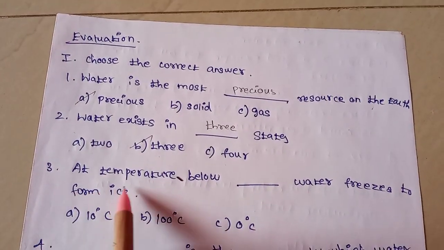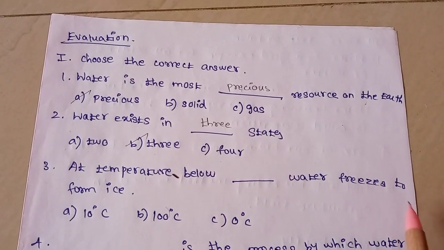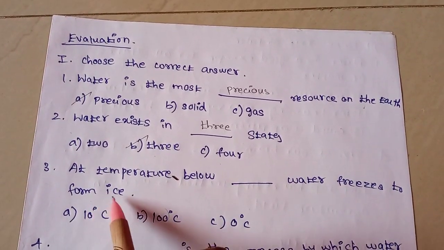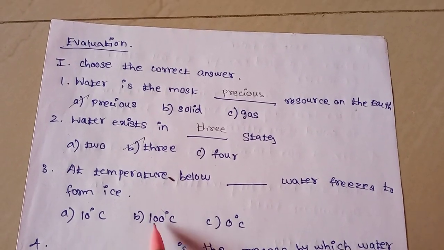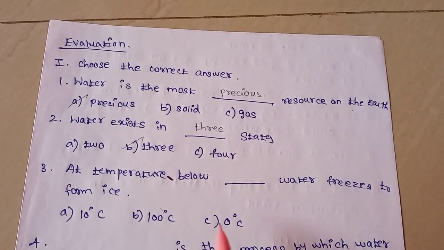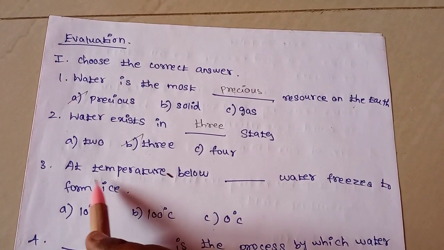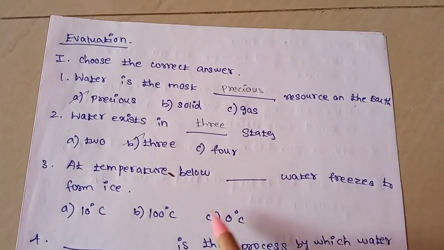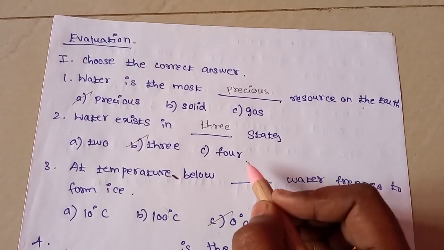Third one, at temperature below dash, water freezes to form ice. Option A, 10 degrees Celsius, B, 100 degrees Celsius, C, 0 degree Celsius. So the answer is at temperature below 0 degrees Celsius, water freezes to form ice.